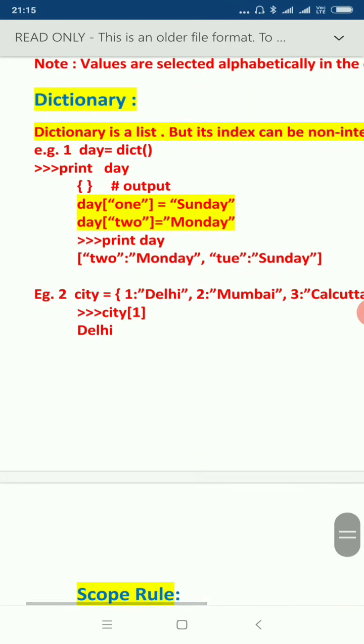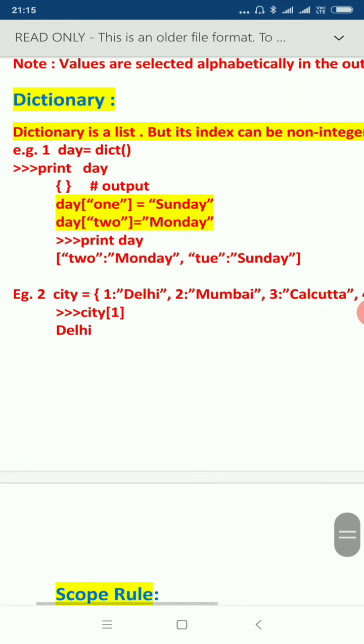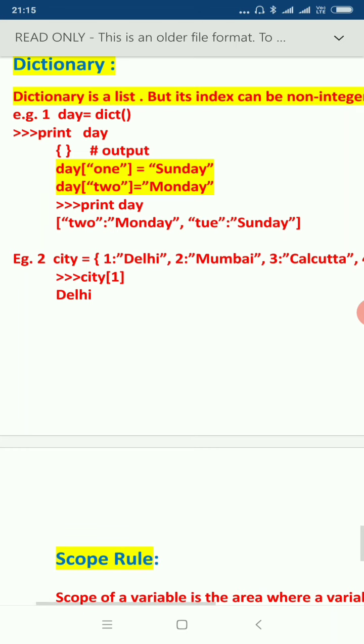Next is dictionary. Dictionary is also a list, but its index can be non-numeric. In example 1, day equal to dictionary. Here the variable day of type dictionary is declared.